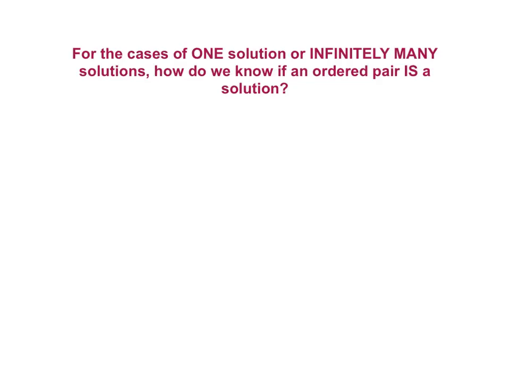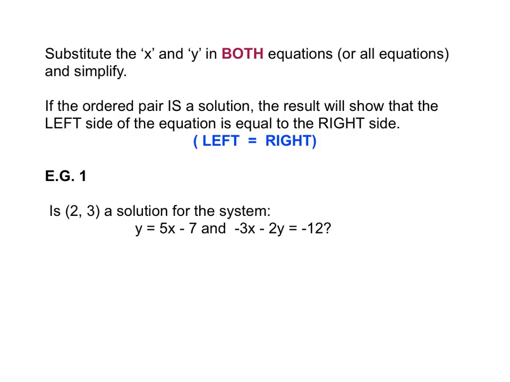Let's say that someone claims a system has already been solved and we have an ordered pair or several ordered pairs. How do we know if it actually is a solution? You can test the point or points by substituting the x and y values into both equations, simplifying, and seeing if your equation proves that the left and right sides equal each other.